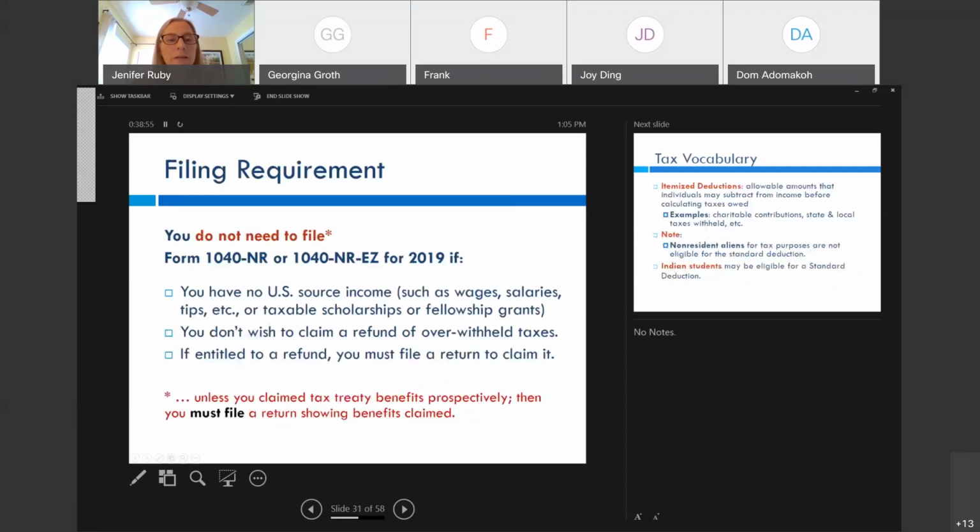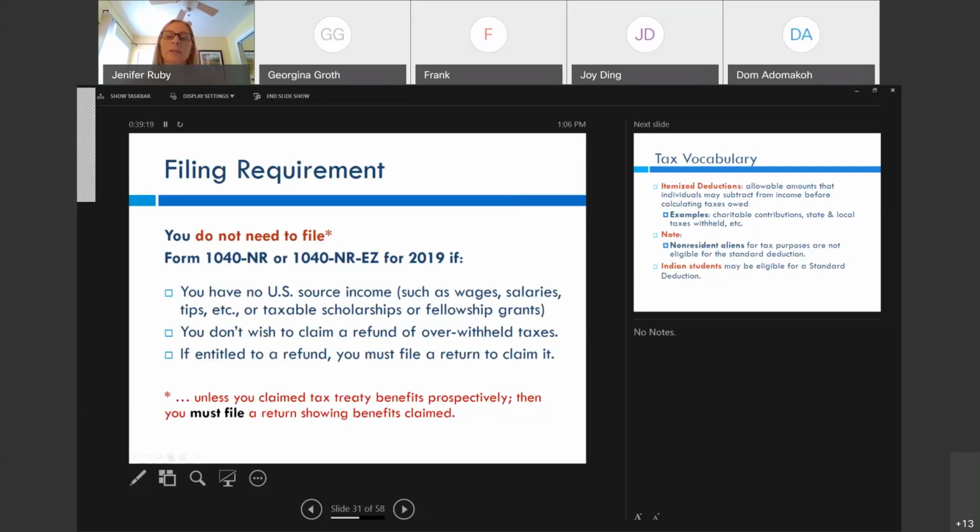All right, so keep in mind, and I'll repeat, you don't need to do the 1040 NR or NR-EZ if you had no U.S. source income, or you don't wish to claim a refund of over-withheld taxes. If entitled to a refund, you must file a return to claim it, right?